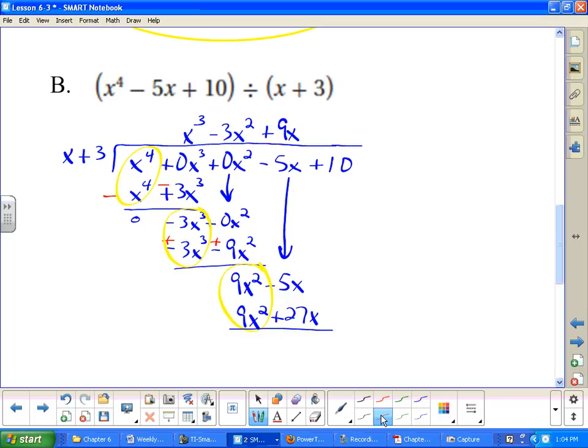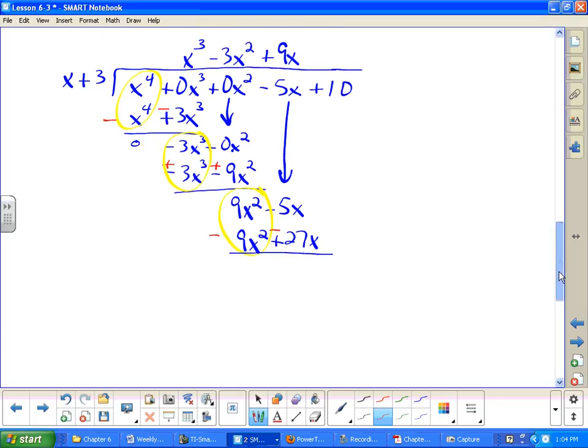Subtract. Change the signs. So we get negative 32x, and then bring down the 10.